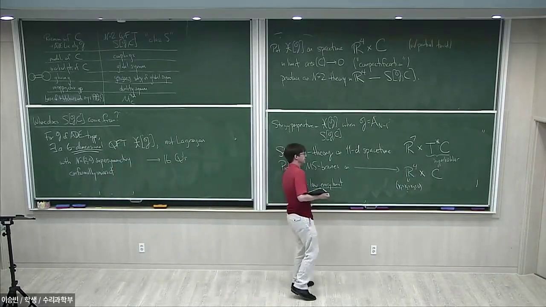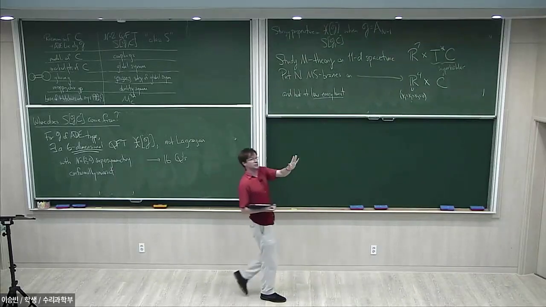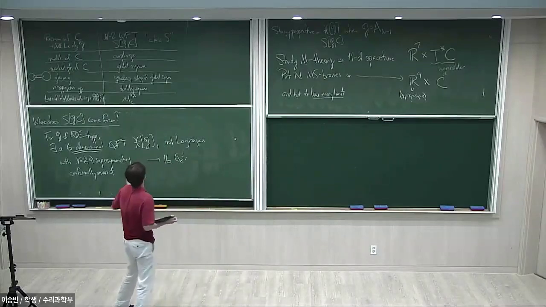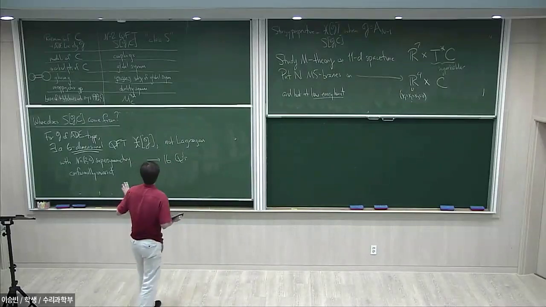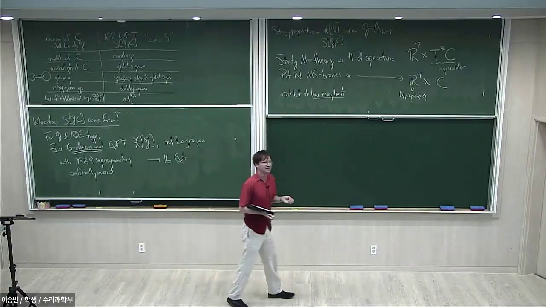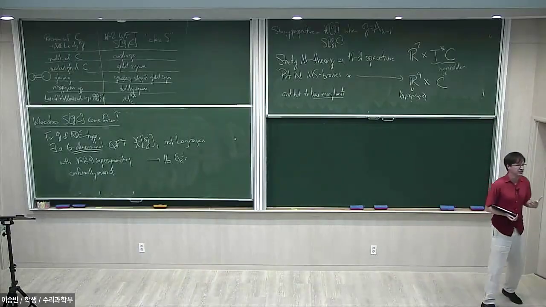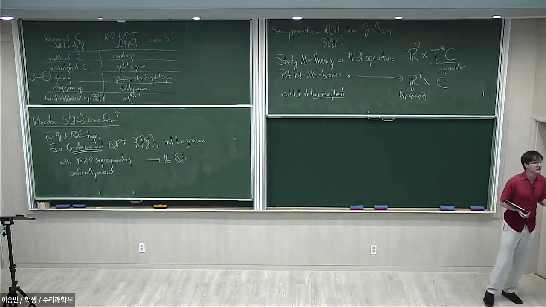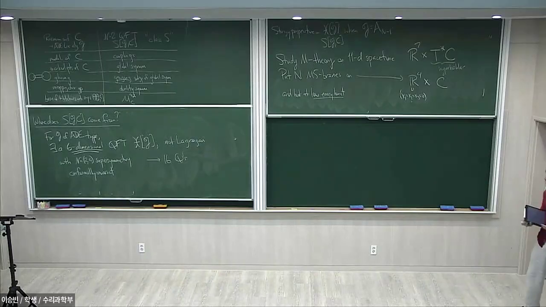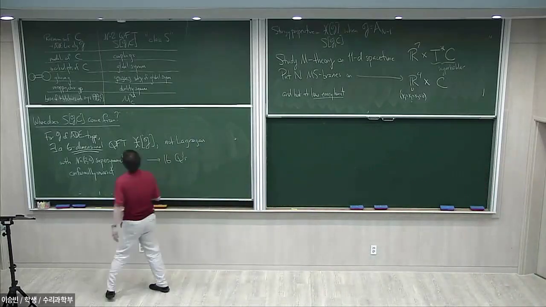Maybe one remark about this picture. To be strict, even quantum field theory is hypothetical in some sense. No one has completely defined even what is an N equals 2 supersymmetric theory. So what can I say?